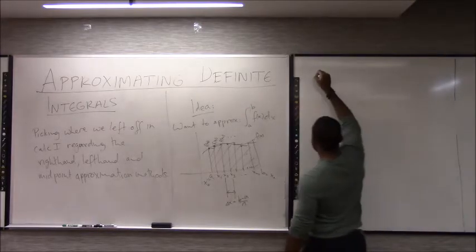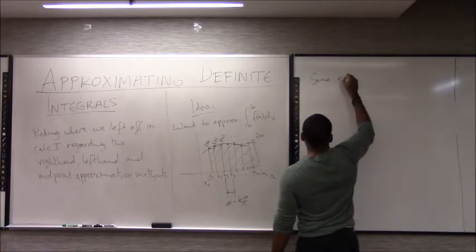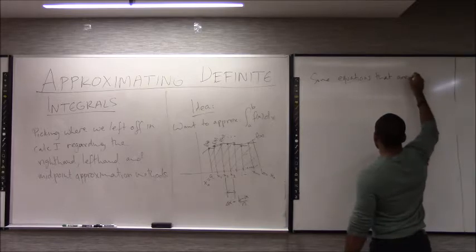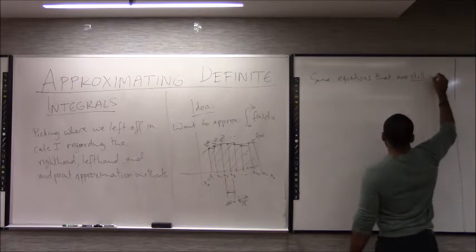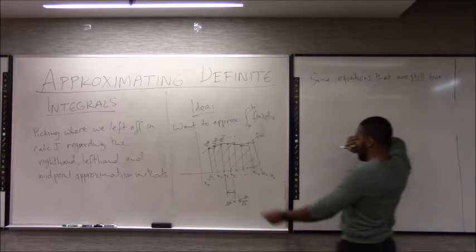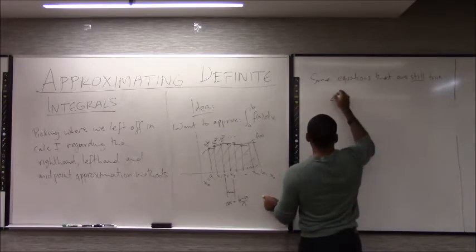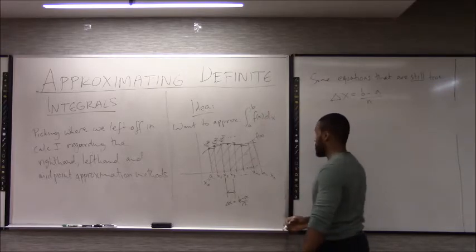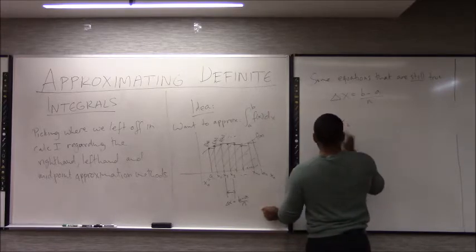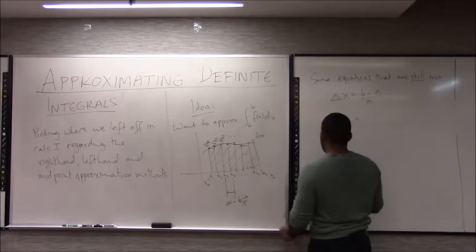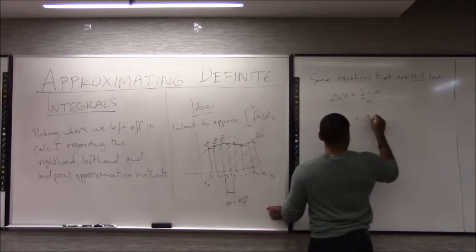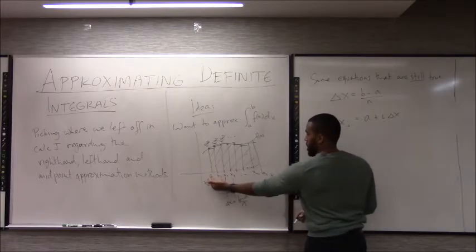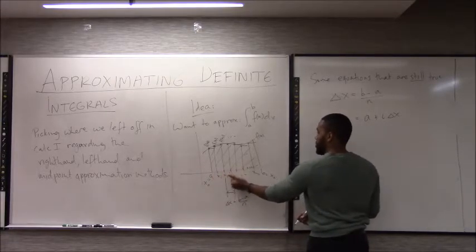So some equations that are still true, pretty much exactly what we memorized from Calc 1: we find delta x by taking b minus a divided by n, where n is the number of subintervals, and also xi is going to be a plus i delta x. So you start with the a, and then you keep adding the length of the subintervals to get each xi.